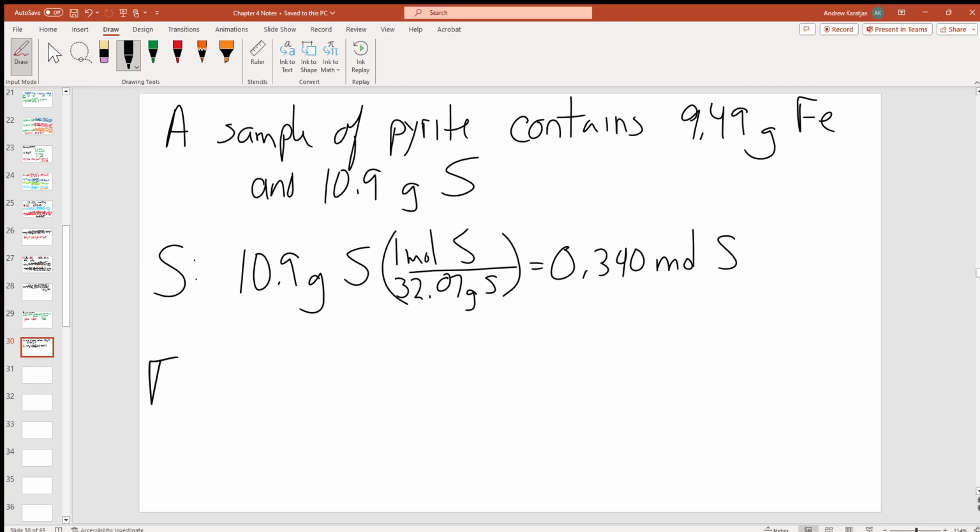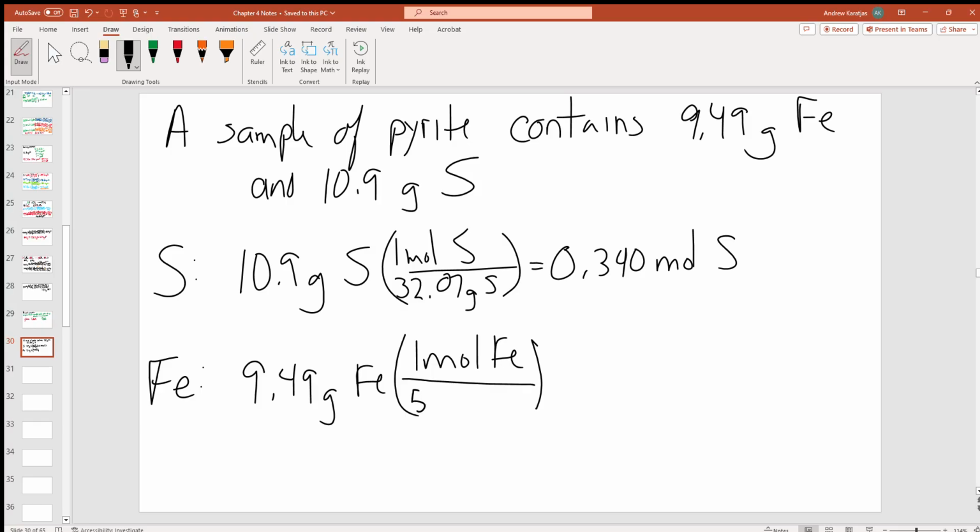We can do the same thing for iron. We have 9.49 grams of iron. For iron, 1 mole of iron is 55.85 grams of iron, or 0.170 moles of iron.